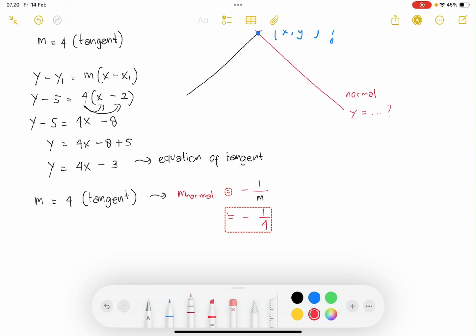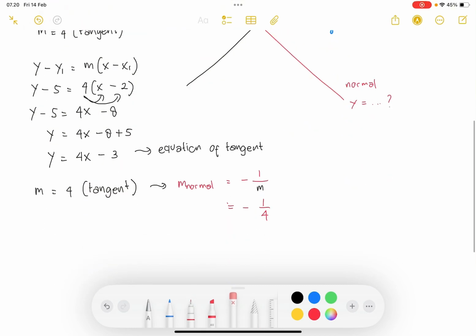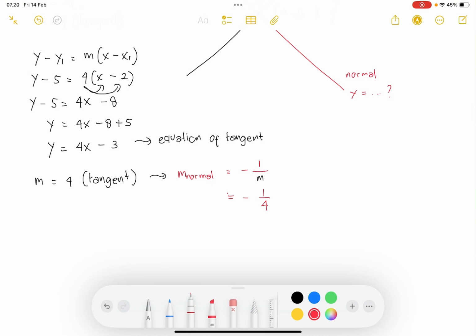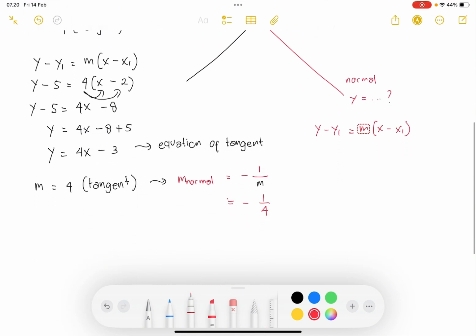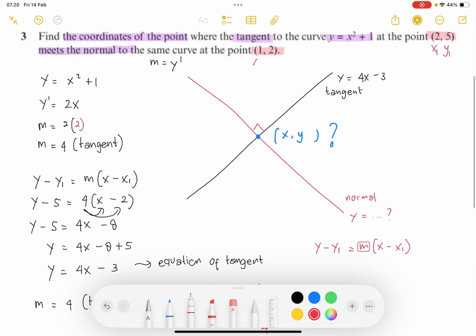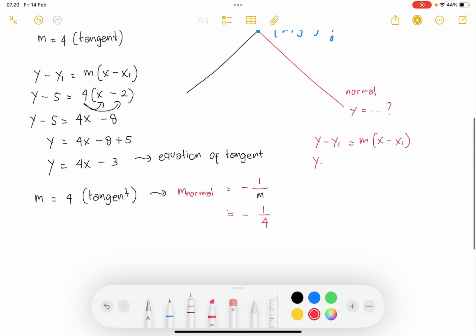Now, how do we find the equation? Use the specific point (1, 2). So it's y minus y1 equals m times (x minus x1). The x here is 1 and y1 is 2.